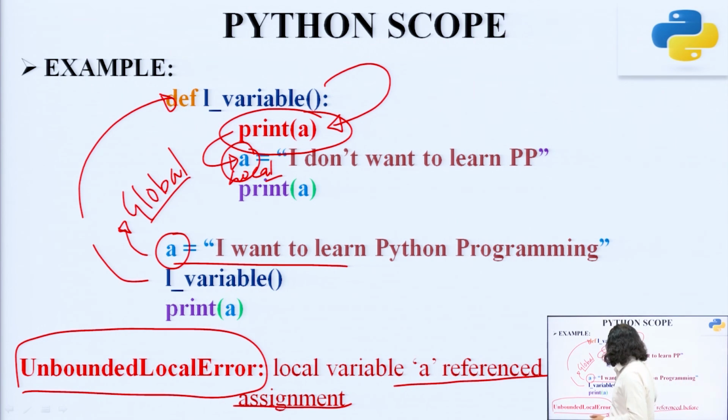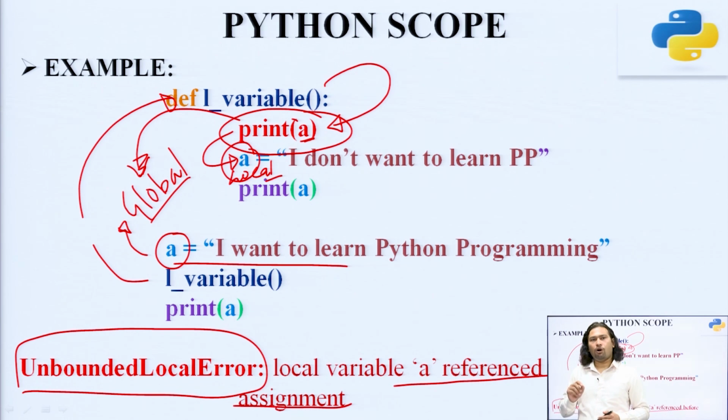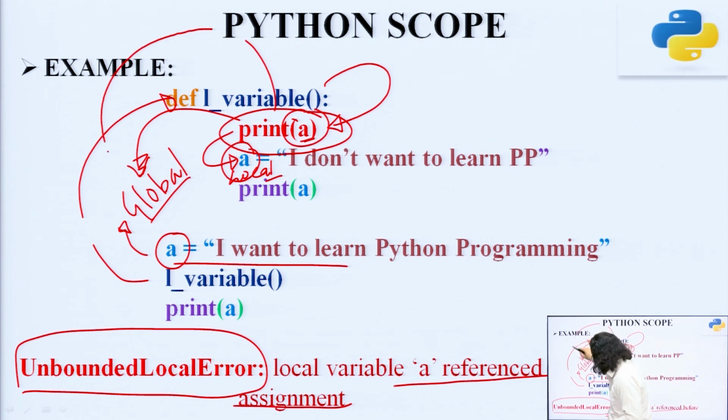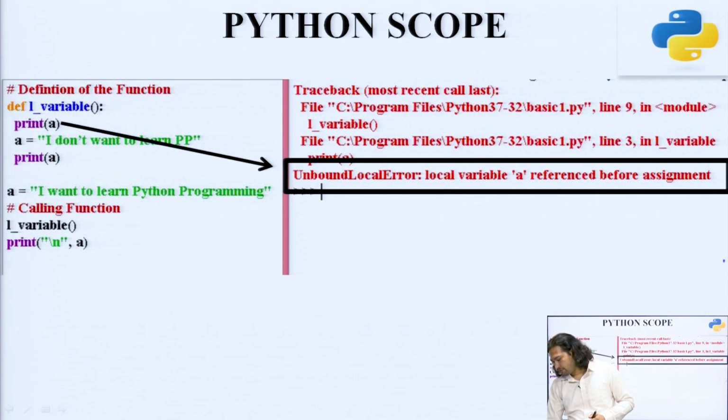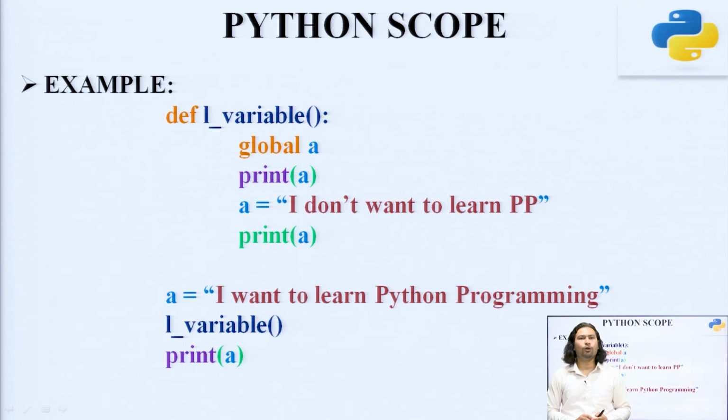So, right now you need to specify that the a we are talking about is not the local, but the global variable. In order to give the compiler the information that we want the global variable a, we need to add a single line statement specifying it as global.